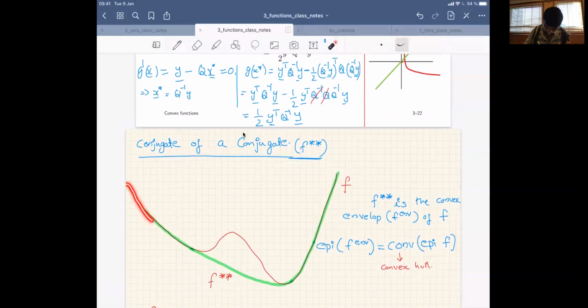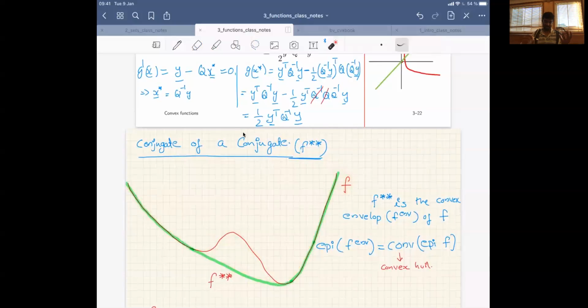Okay, so let's say we have a function like this. If you take the conjugate and the conjugate again, actually what we will be getting is this guy here. Can you say what it is? The convex hull. Yes, but here there is no set, right? I just spoke about the function, and convex hull is a concept for sets.